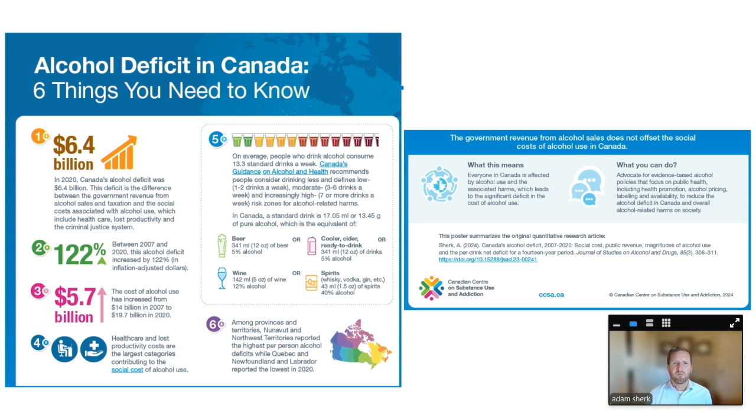We were created by a federal act of parliament to provide advice and research on substance use issues. And some people within my organization have made this great infographic to show how the deficit has increased over time. It has more than doubled in the last 14 years. And there are some other interesting things on there.